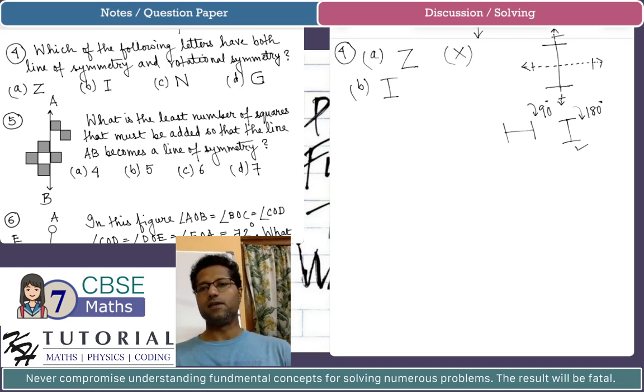So obviously n has to be greater than or equal to 2, because for any figure, n is a minimum of 1, which is at the angle of 360 degrees.